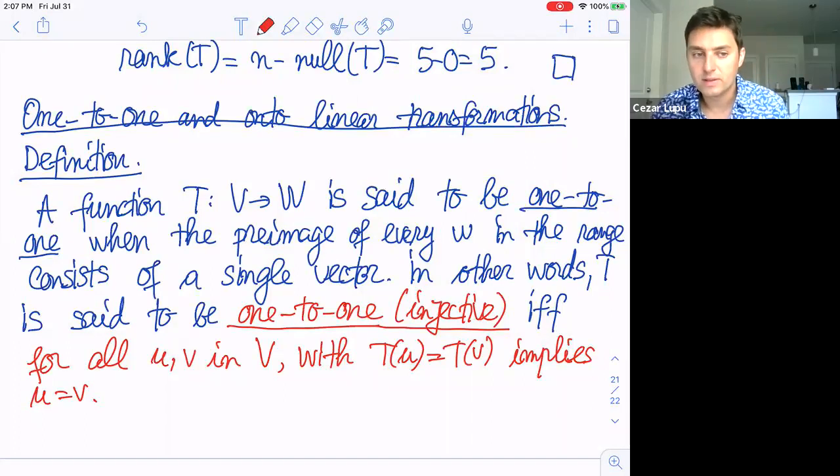In fact, we will see some sufficient conditions. You will see in examples when a linear transformation is one-to-one and when it is not.